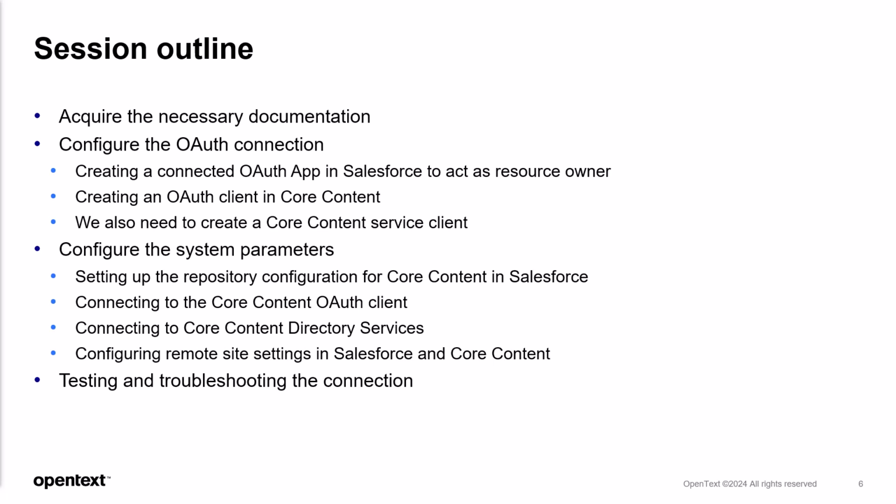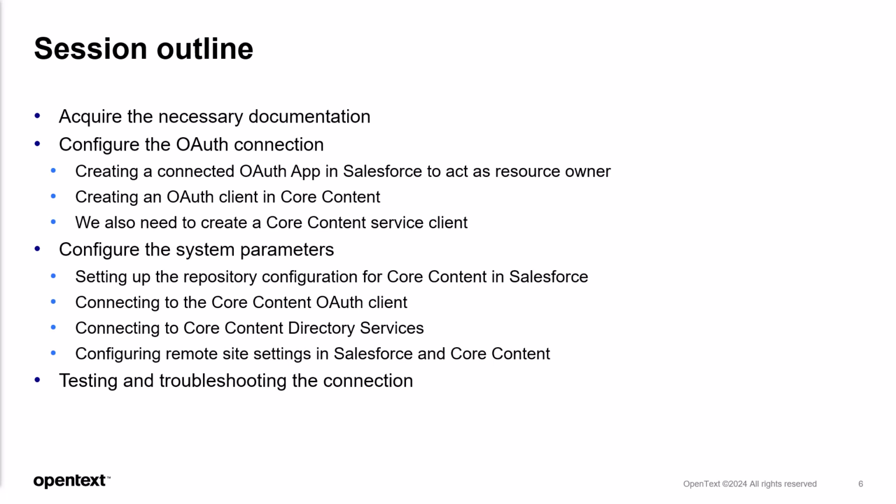It typically operates over HTTPS, and OAuth relies on tokens to authenticate and authorize application access to data, following specific user-defined scopes and time limitations. In the context of our scenario here, core content will leverage the OAuth connection to establish a connection with Salesforce.